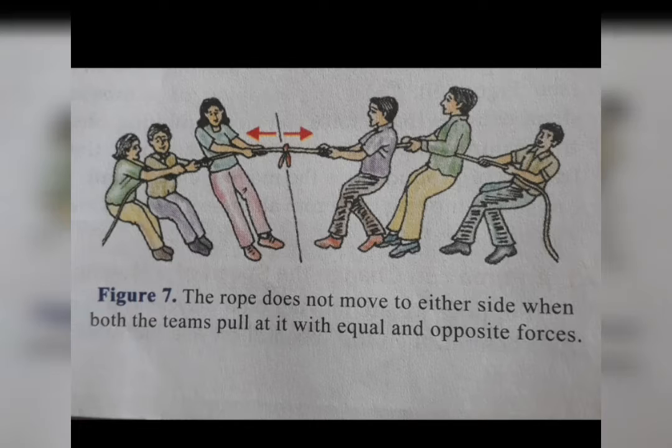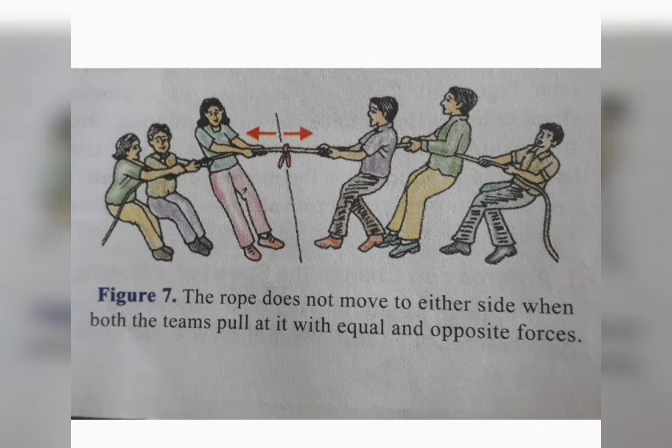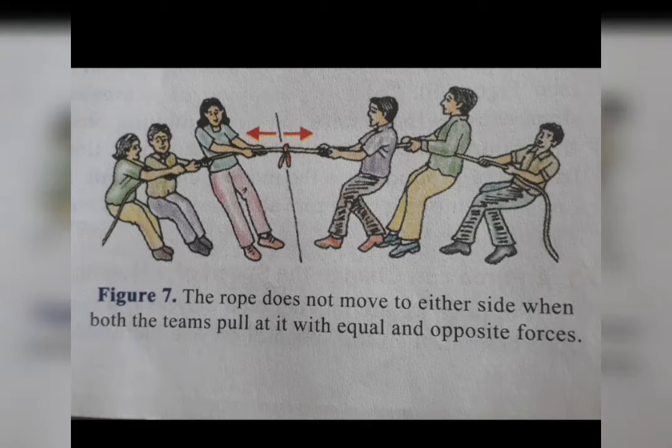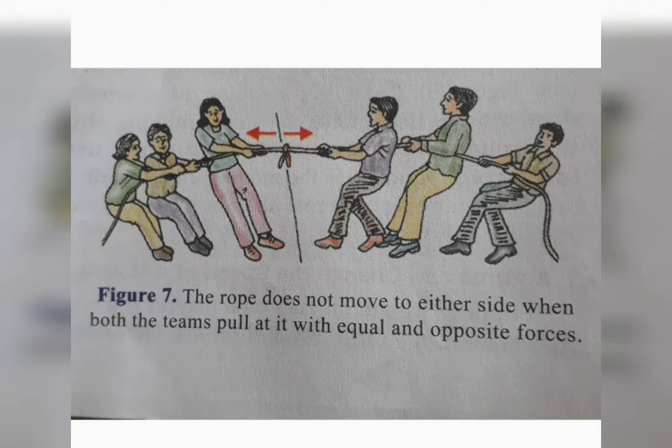For example, if we have two men pushing a heavy box from opposite directions, but this time applying equal forces, one from the left and the other from the right, then do you think that heavy box will move? No. When the forces are equal, the box will not move at all, right? It will remain where it was.